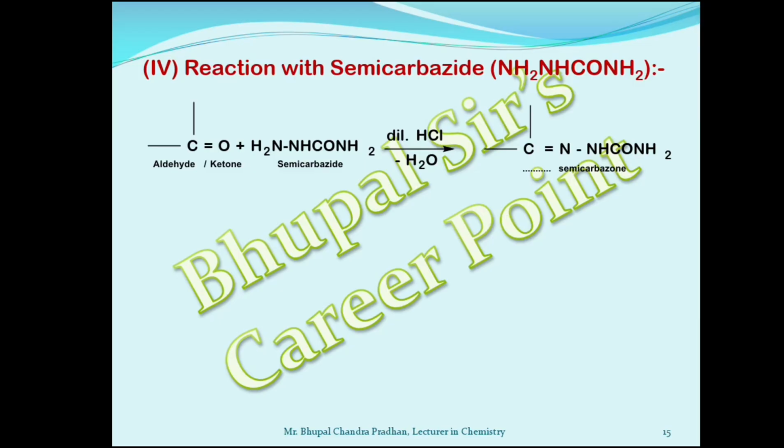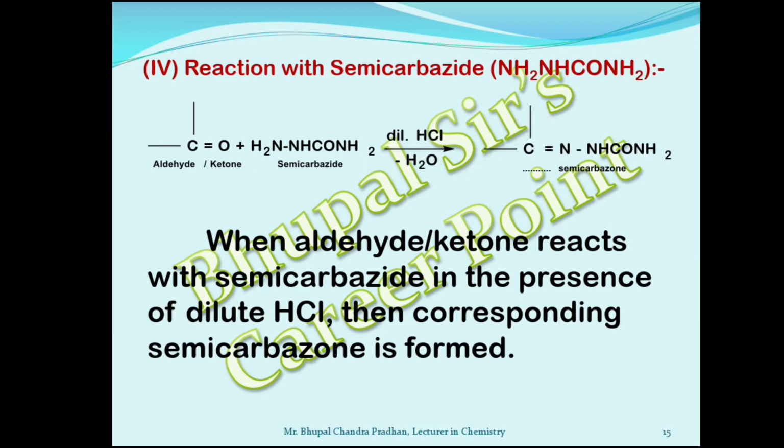The oxygen atom of the carbonyl group of the aldehyde or ketone and the H2 of semicarbazide are removed as a water molecule and it will give us the corresponding semicarbazone. In the statement you have to write down: when an aldehyde or ketone reacts with semicarbazide in the presence of dilute HCl, then the corresponding semicarbazone is formed.